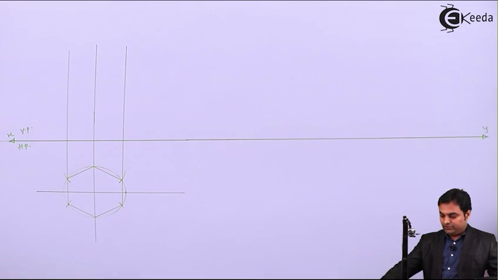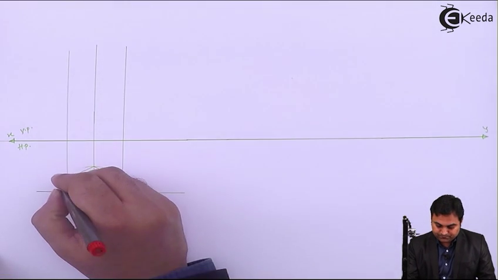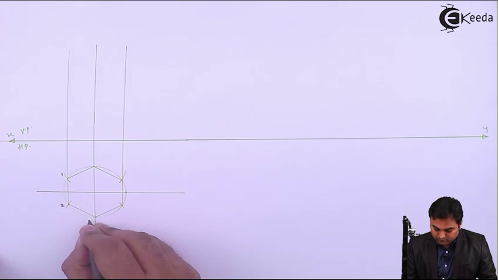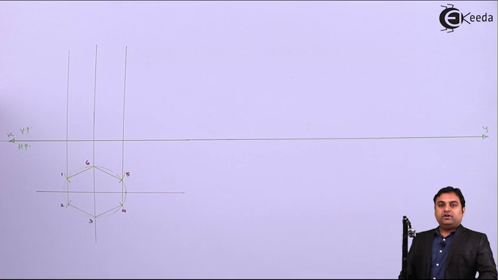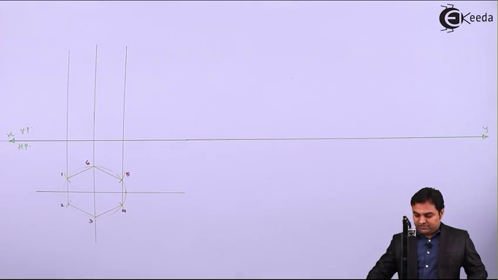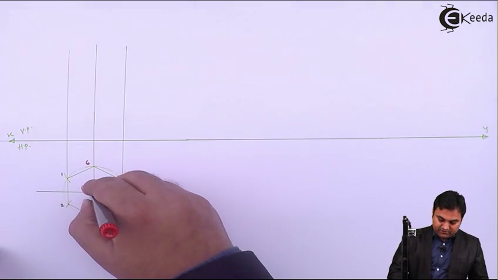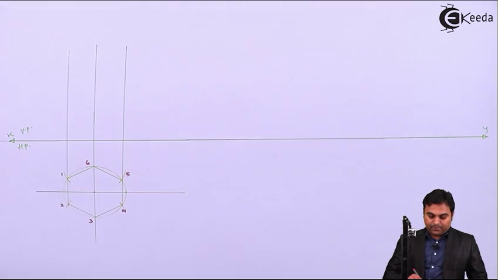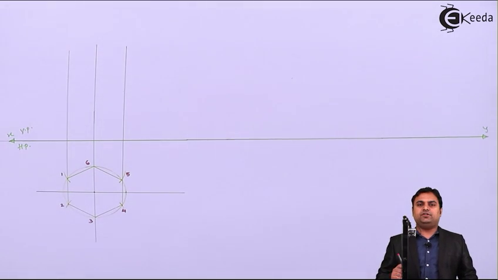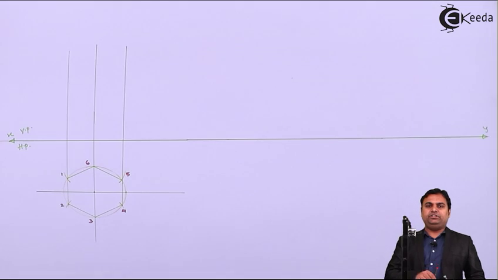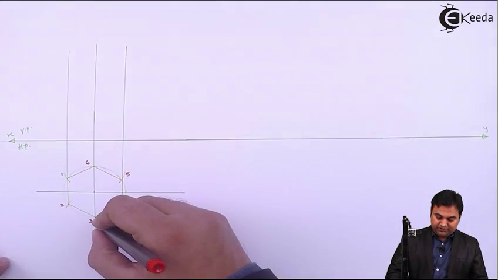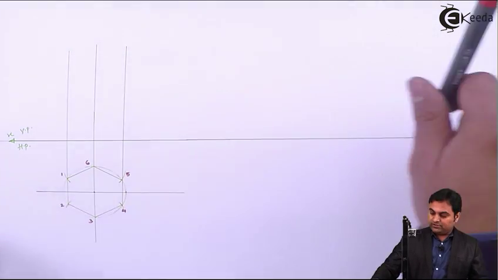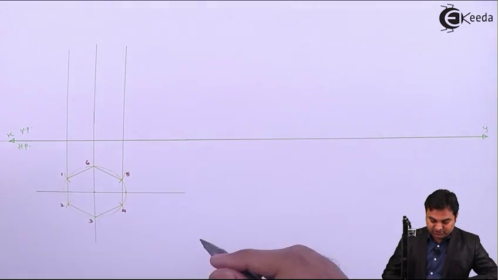Then I'll give the notations to it. The height of this hexagonal prism is 65 mm, and here I can say this will be the axis of the hexagonal prism, looking like a point in the top view. In the front view it will be a line, but here it is coinciding with 3 and 6. So I'll measure 65 mm.